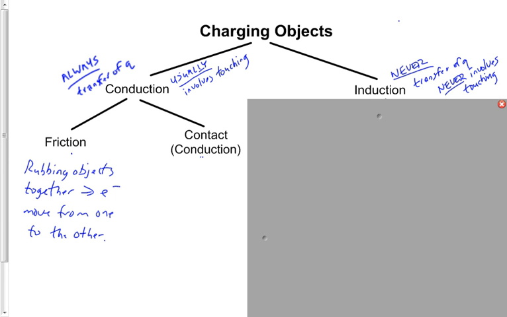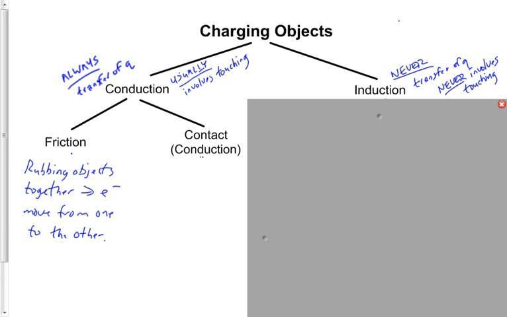Charging by friction. There is, by the way, in your textbook and in a whole lot of other resources, books, internet, whatever, something called the electrostatic series. You don't need to be familiar with that electrostatic series, but what it does is essentially rank all these different materials, from silk to glass to a million different materials. And it basically says the higher up on the list it is, the more likely it is to lose electrons.